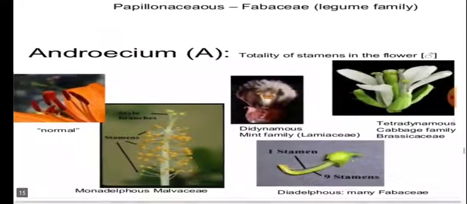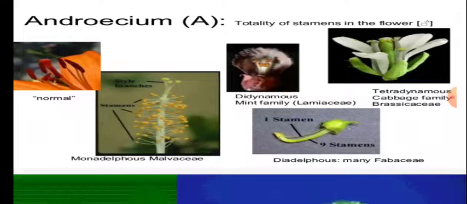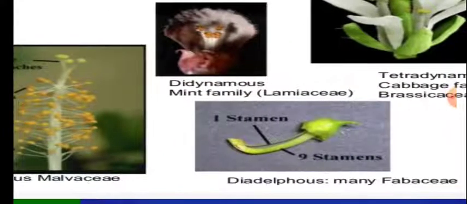Then in androecium, we know the stamens show the normal condition, and the stamens may have the didynamous condition. Didynamous means two are shorter, two are longer.